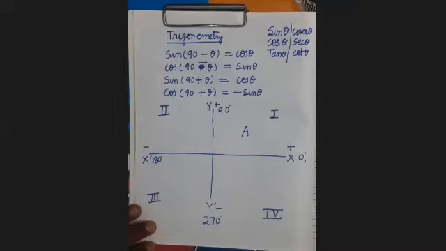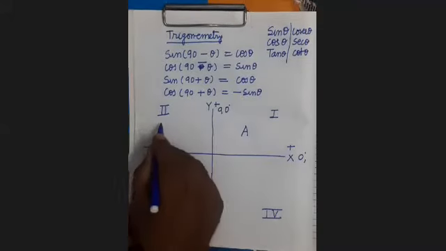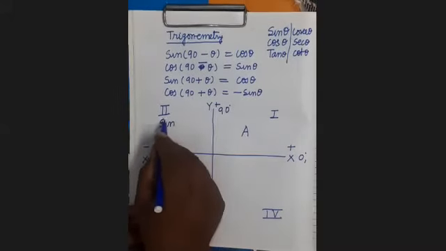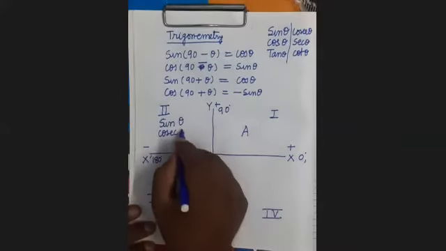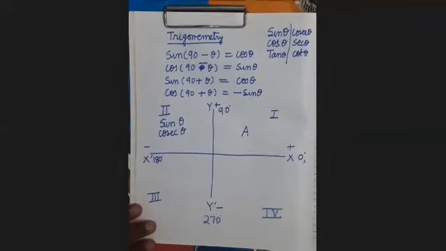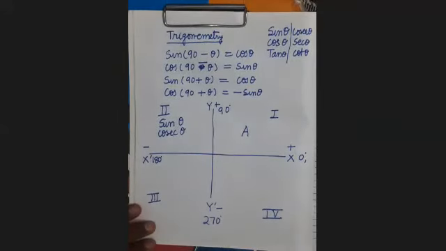While in the second quadrant, only sine and cosec are positive. Cosec is the reciprocal of sine, that you know. Remaining all are negative.